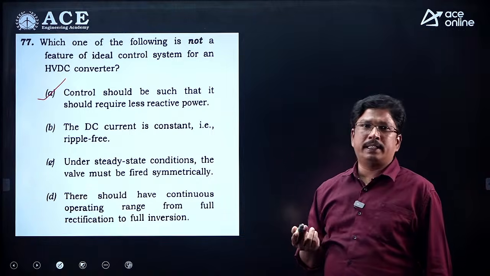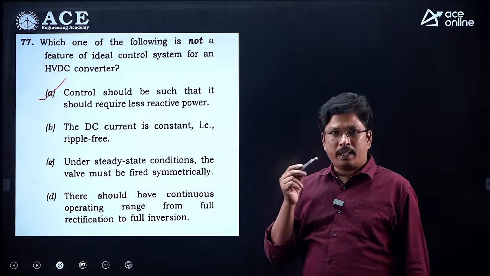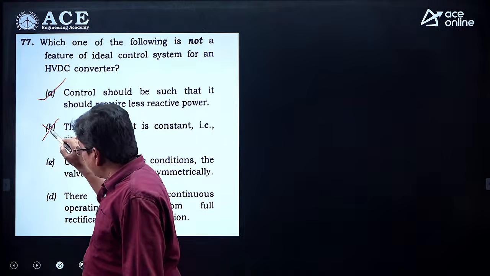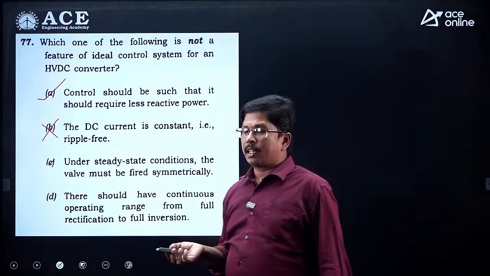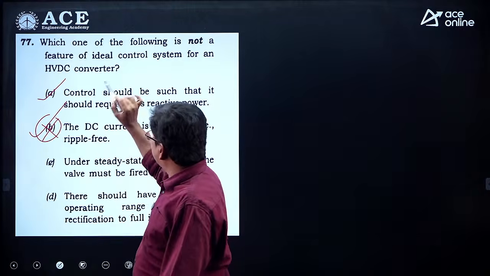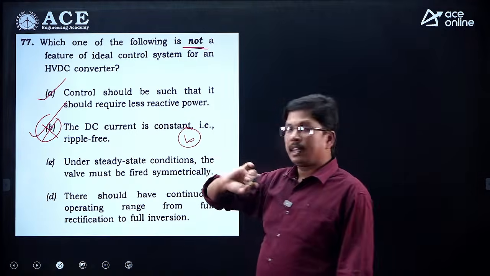We don't find a constant DC current in an HVDC system. Every DC system has ripple content. So the second statement is the wrong statement. You need not see the remaining statements also. Got it, right? So what is the correct answer? The correct answer is B. They are asking which is not correct, so option B is the correct answer, right, students?